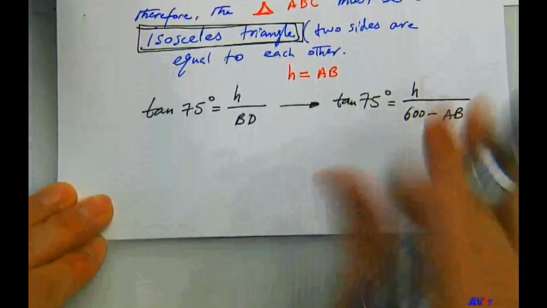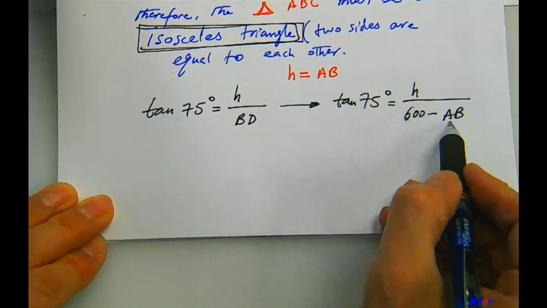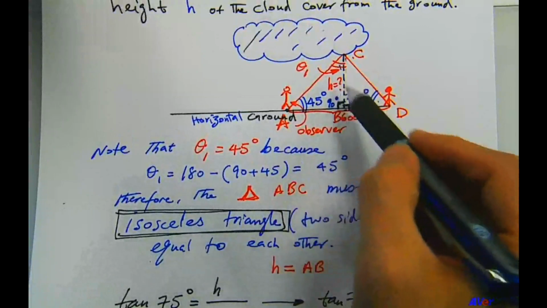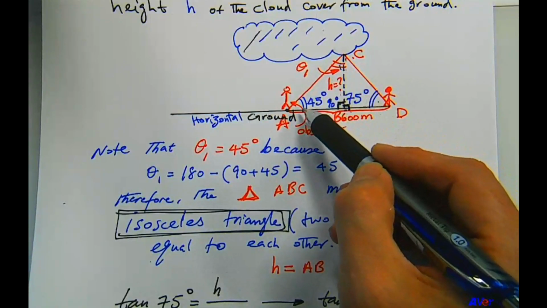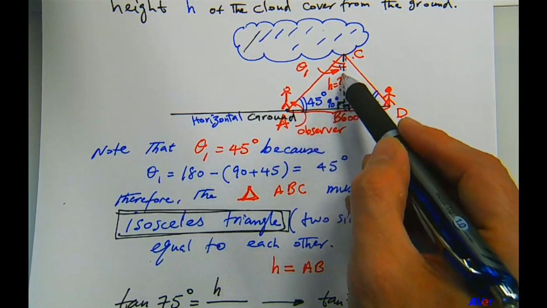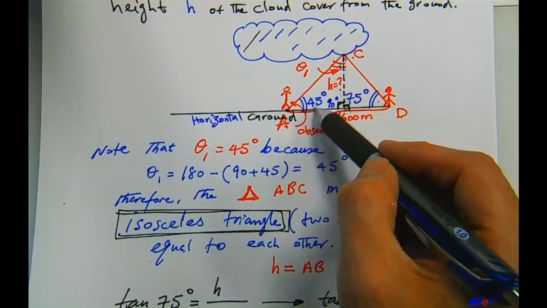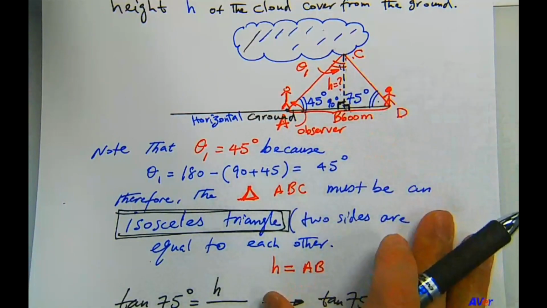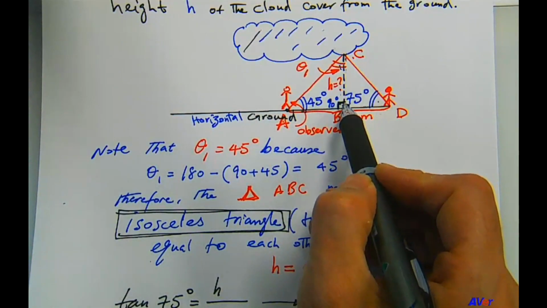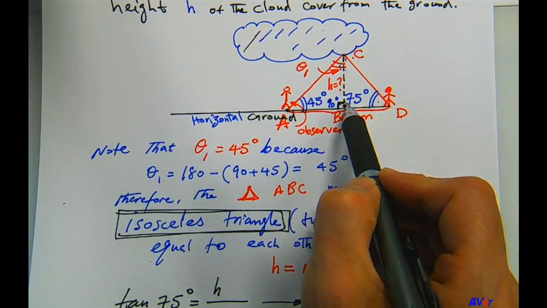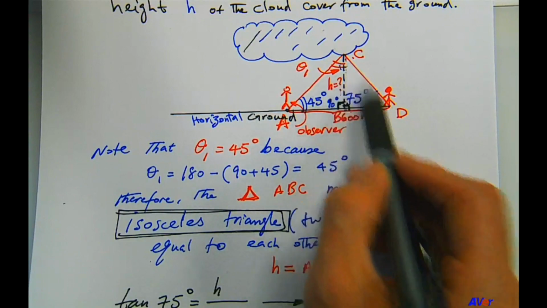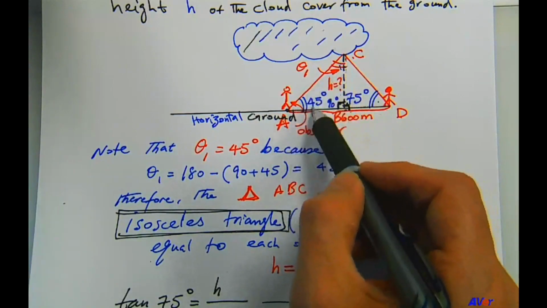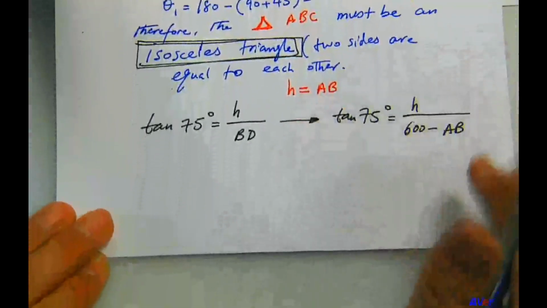So we can come back here and replace AB with H, because this was 45-degree angle, this is 45-degree angle, and so this is an isosceles triangle, which means these two sides, the H and the AB, are equal. We couldn't say that about this, right? Because this is 75, this is 90 degrees, so that'll be 15 degrees. So we don't have an isosceles triangle on the right, but we have an isosceles triangle on the left. Okay, so let's take advantage of that.